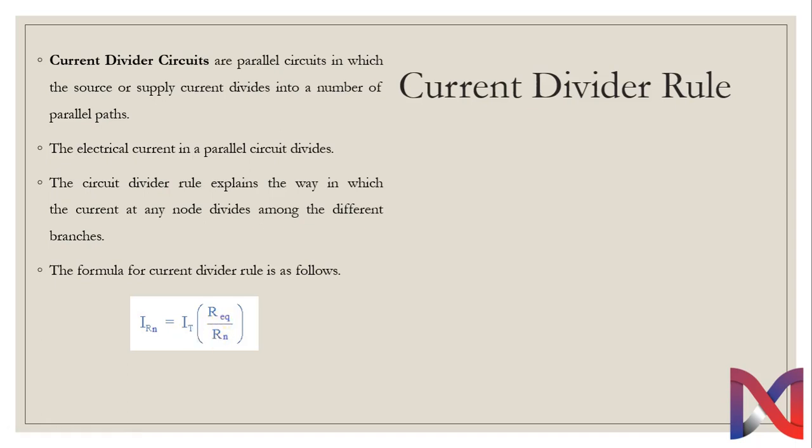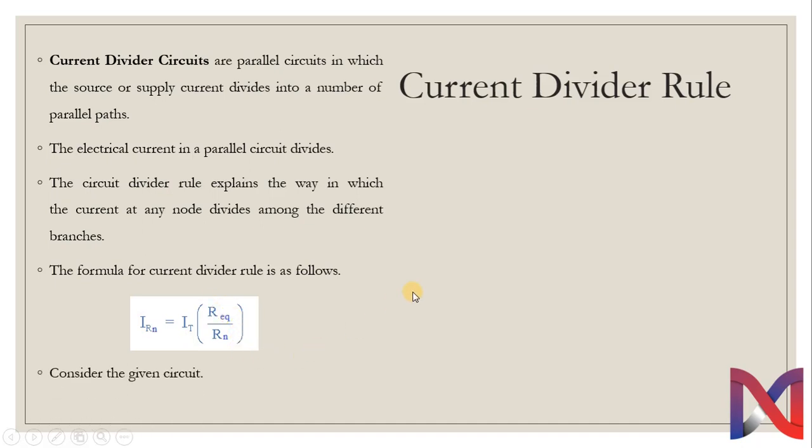The difference lies right here that in current divider rule, R equivalent is in the numerator while RN is in the denominator. RN is the number of resistor, that is 1, 2, 3, 4 or so on, and R equivalent is the total equivalent resistance of the circuit.